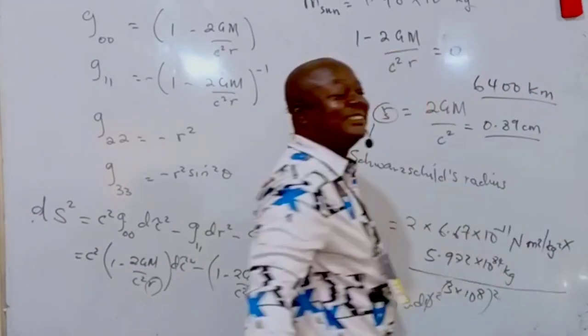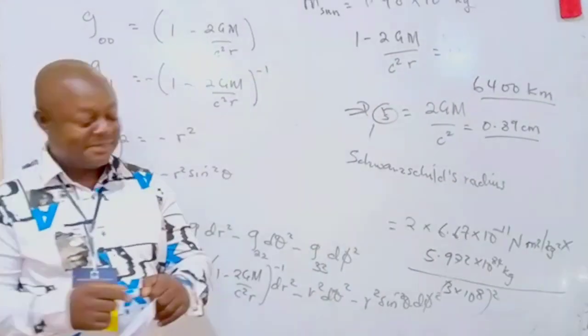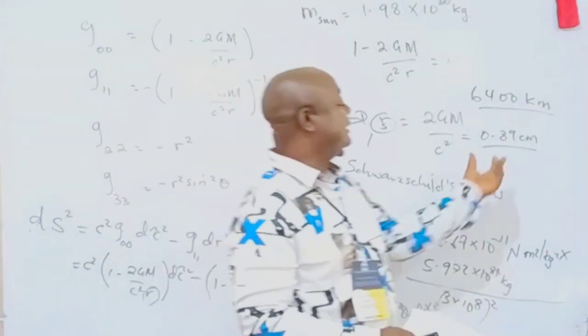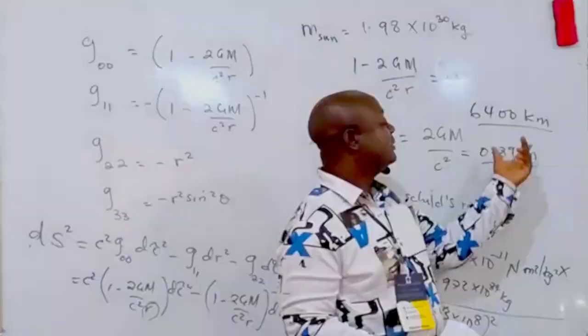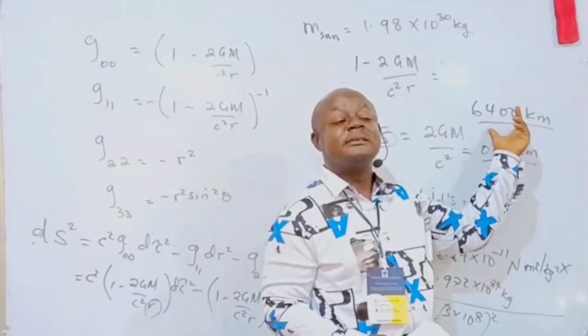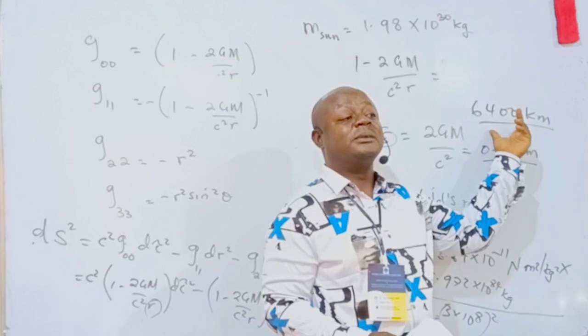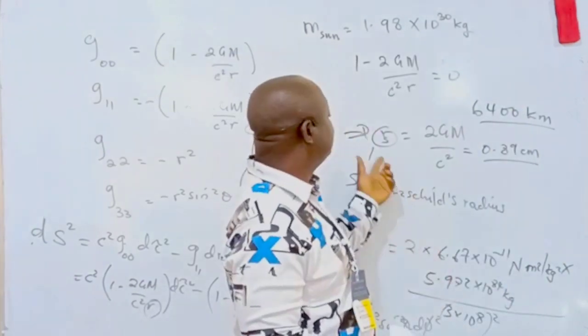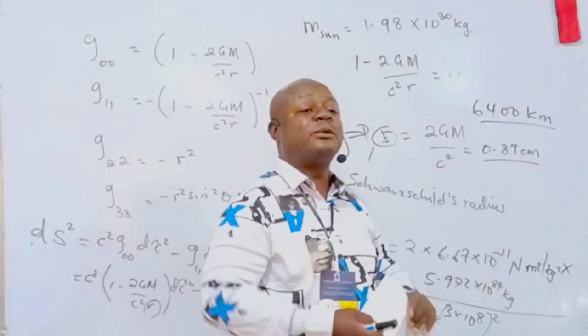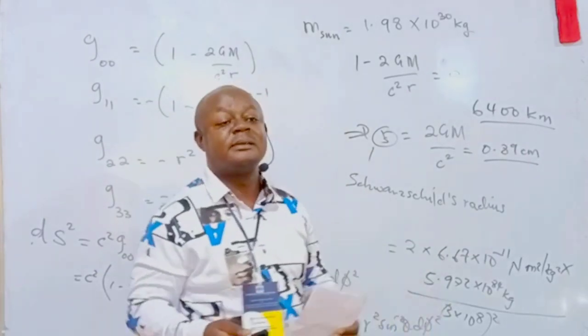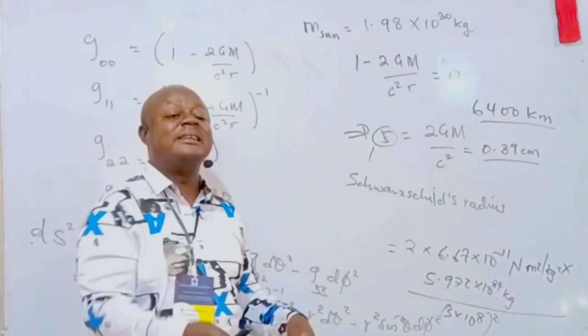So you see, we are getting a distance smaller than the radius of the Earth. So Schwarzschild's radius for the Earth lies within the Earth. It's not outside, it's within the Earth.